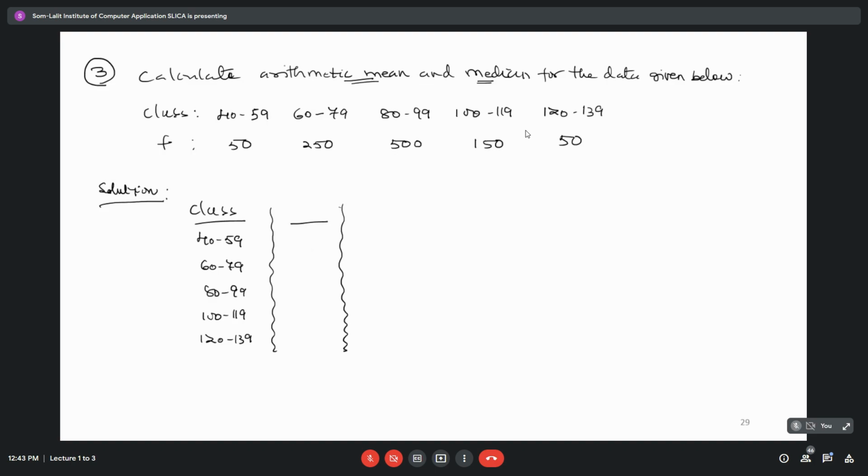Class intervals are not continuous, so you need to reduce them into continuous class intervals.